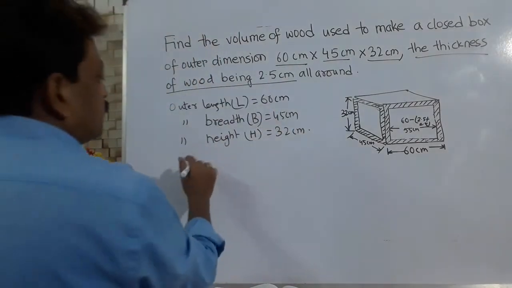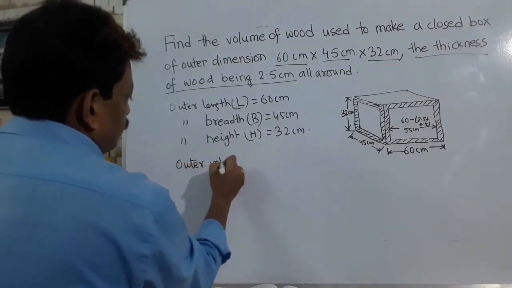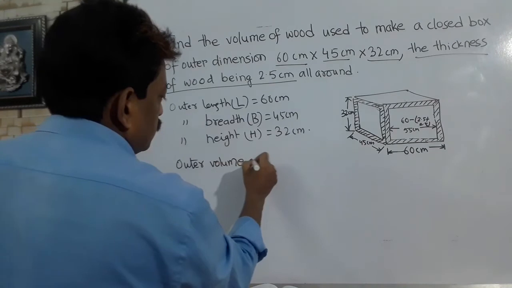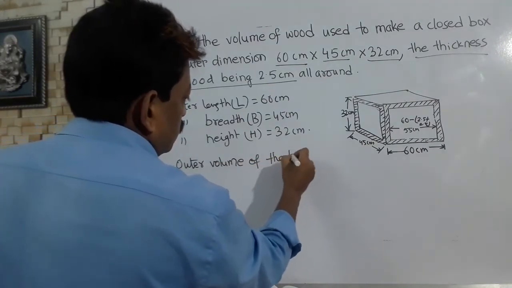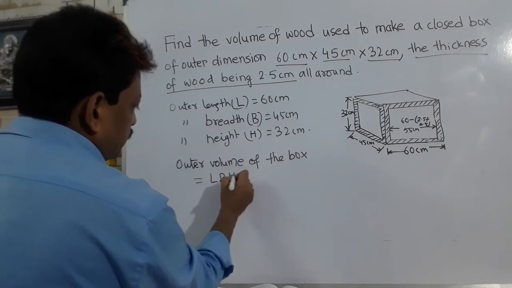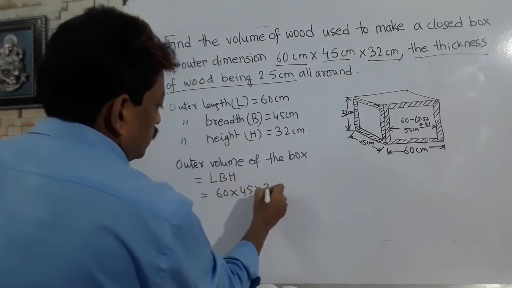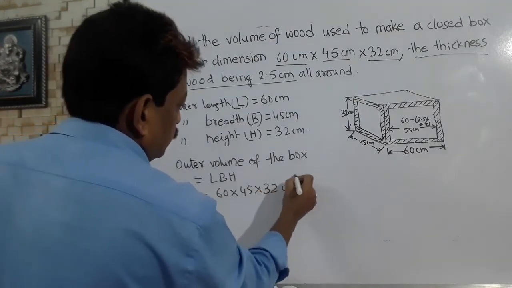So from these dimensions I can calculate the outer volume of the box, equals L into B into H, that is 60 into 45 into 32 centimeter cube.